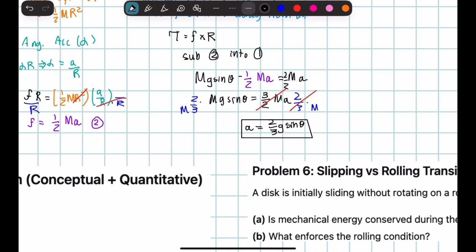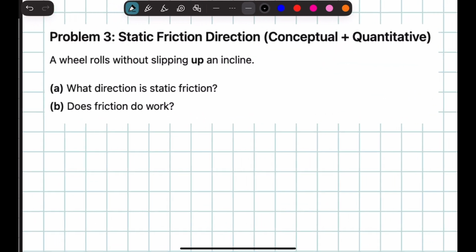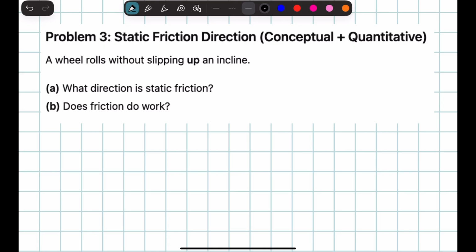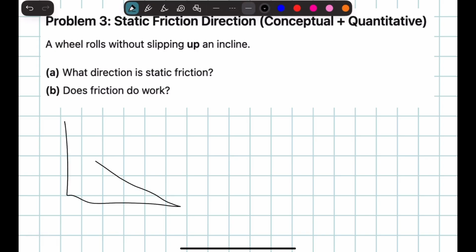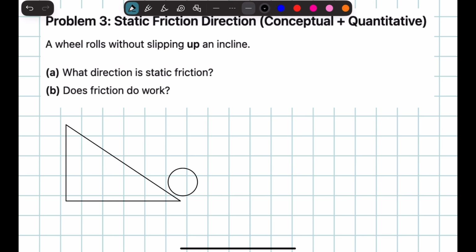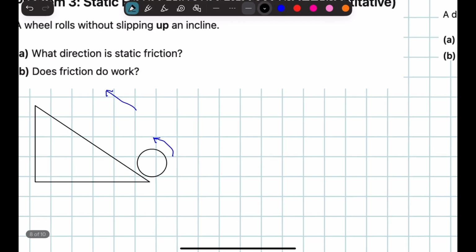Now let's do this question. A wheel rolls without slipping up an incline. So now we're going up an incline, not down. What direction is the static friction, and does this friction do work?